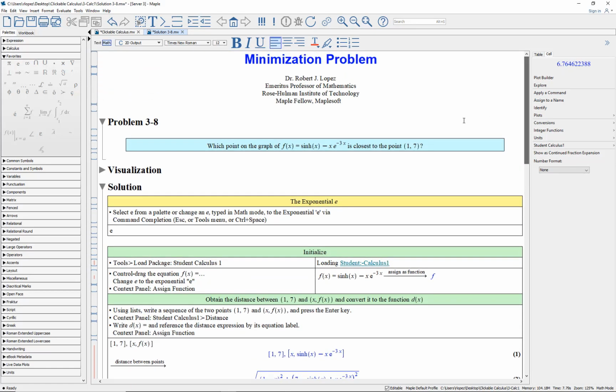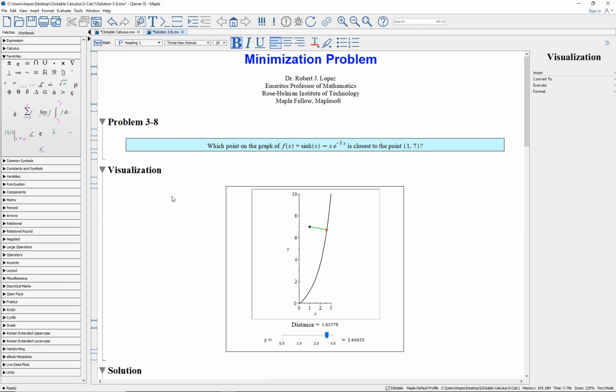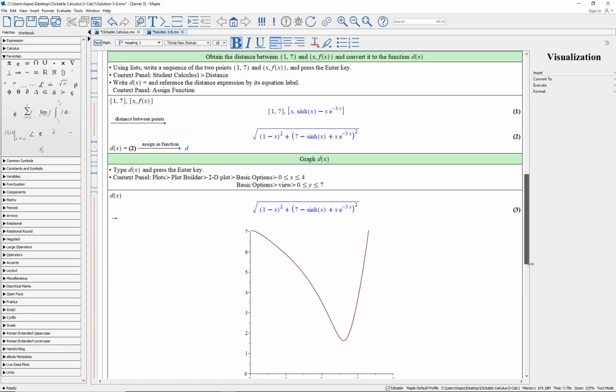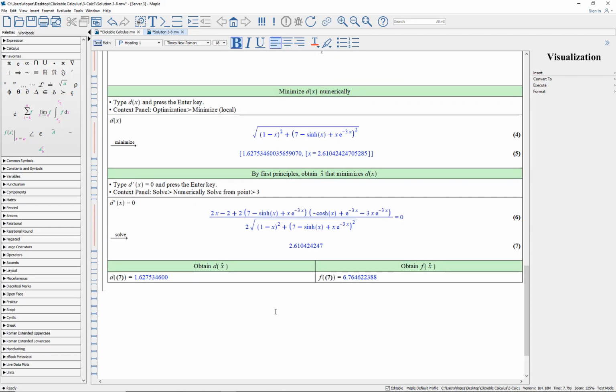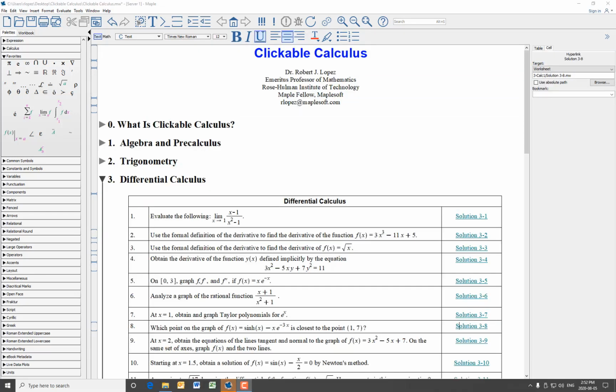And if we go back up here to our visualization, the y coordinate is close to 7, and the best distance that we could get was 1.62 at 2.6. That pixel count doesn't quite get you the accuracy that you see here, but it gave us a ballpark and an understanding of what we were trying to do.